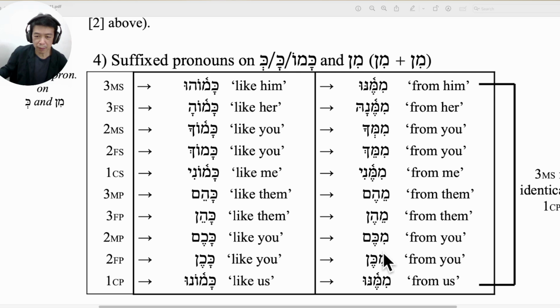From you, for second person feminine plural, it becomes miken. And from us, it becomes mimenu. Notice that from us and from him look and sound alike in Hebrew.